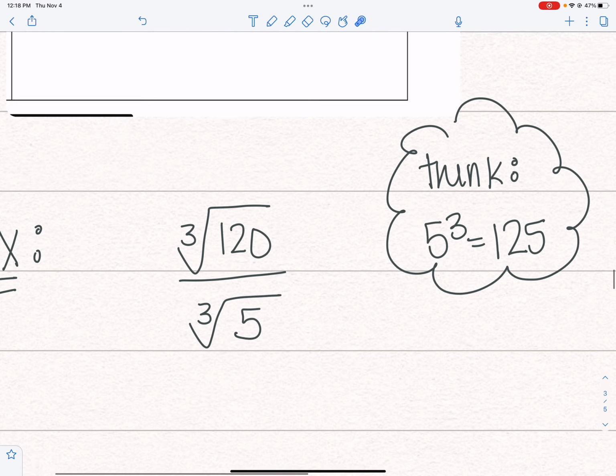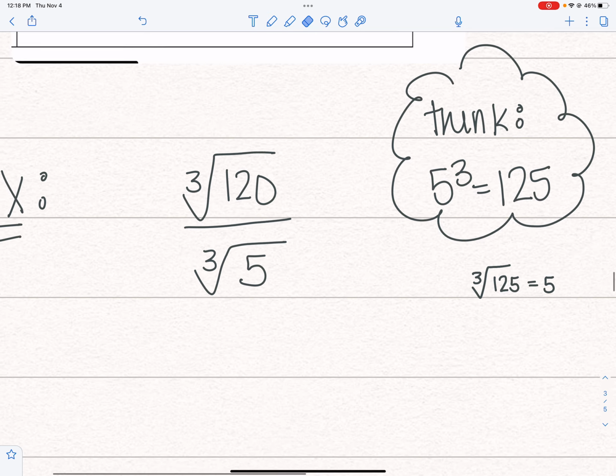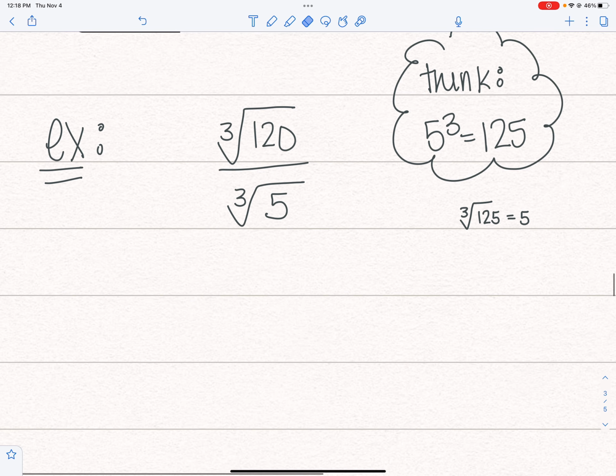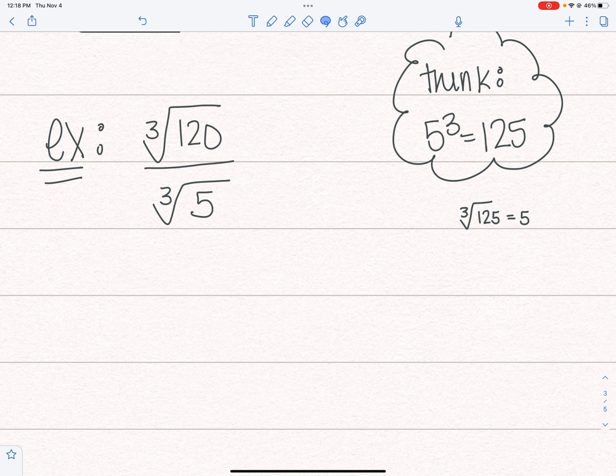I want you to think about 5 to the third is 125, or the cubed root of 125 is 5. So I need to multiply by the cubed root of something so that I can get that 125. I'm going to copy this and scoot it over.